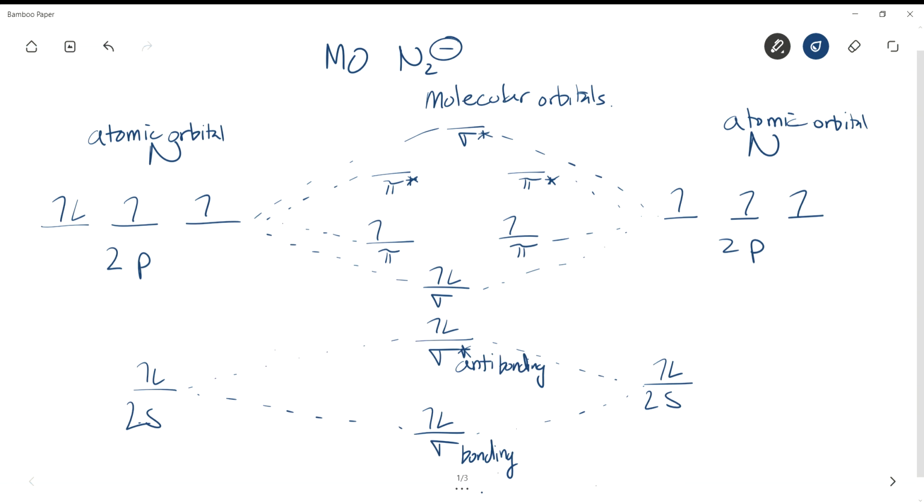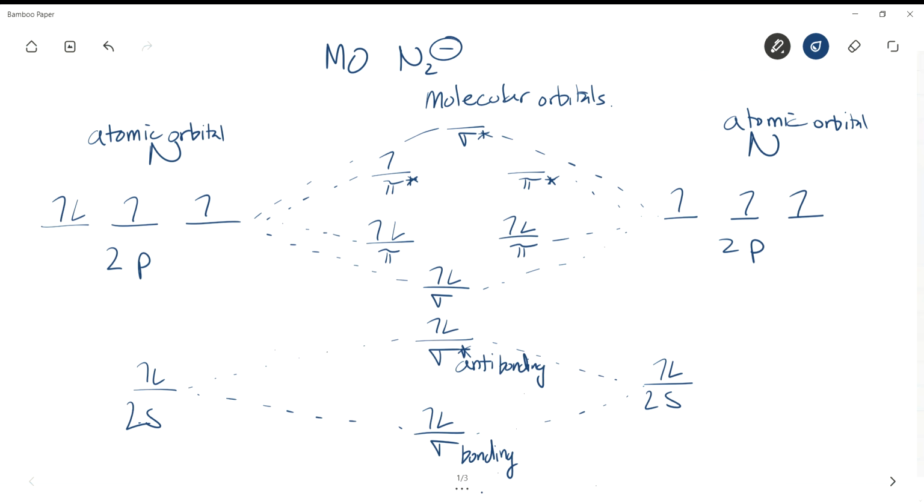So that's 4, 5, 6. And then the last one, 7, is going to go into a pi star molecular orbital. So this is how you draw the MO diagram for a molecule like N2 minus.